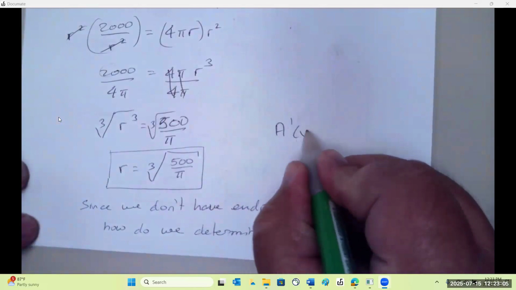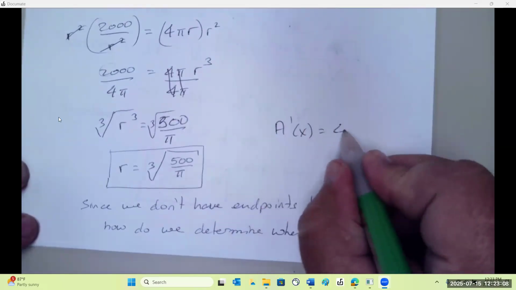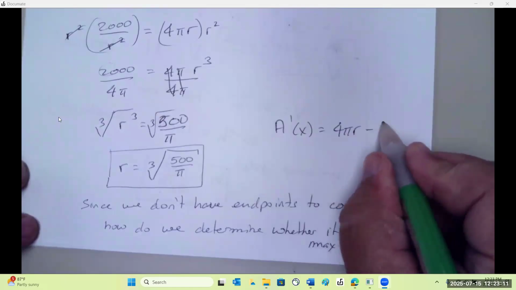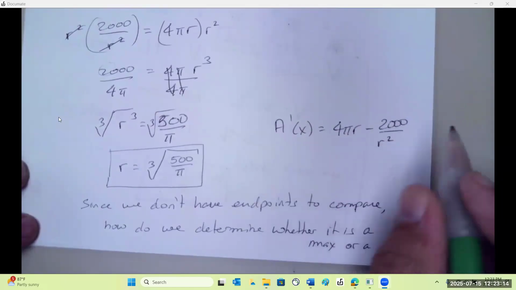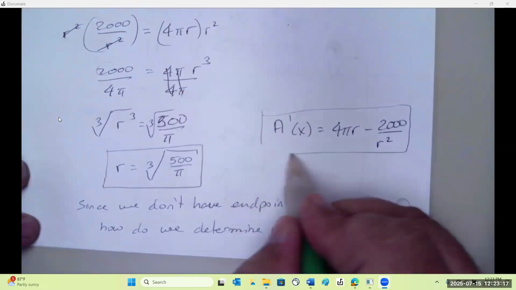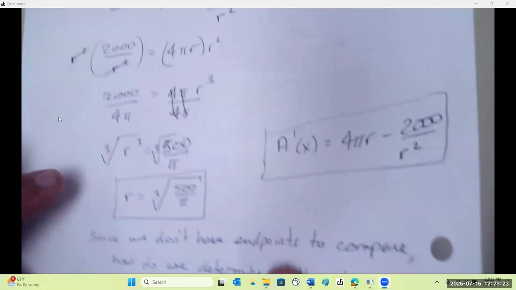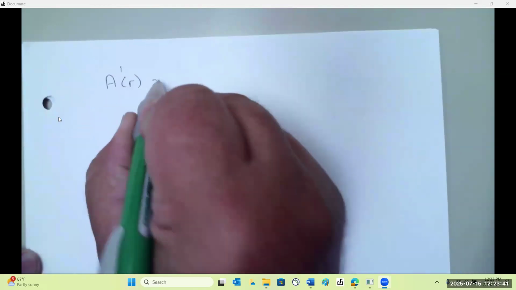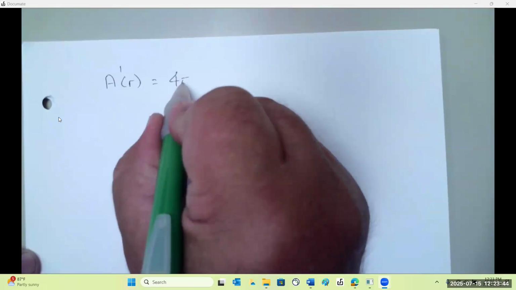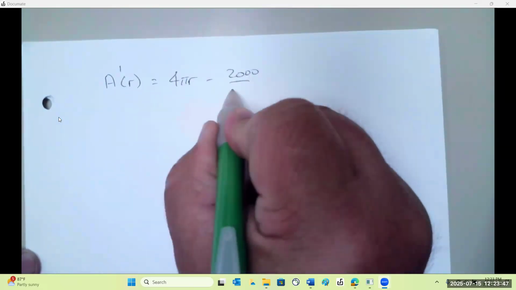Now we'll take the second derivative of our function. So we have A prime of R is equal to 4 pi R minus 2000 over R squared. Find the second derivative and determine at that value if it's going to be positive or negative.